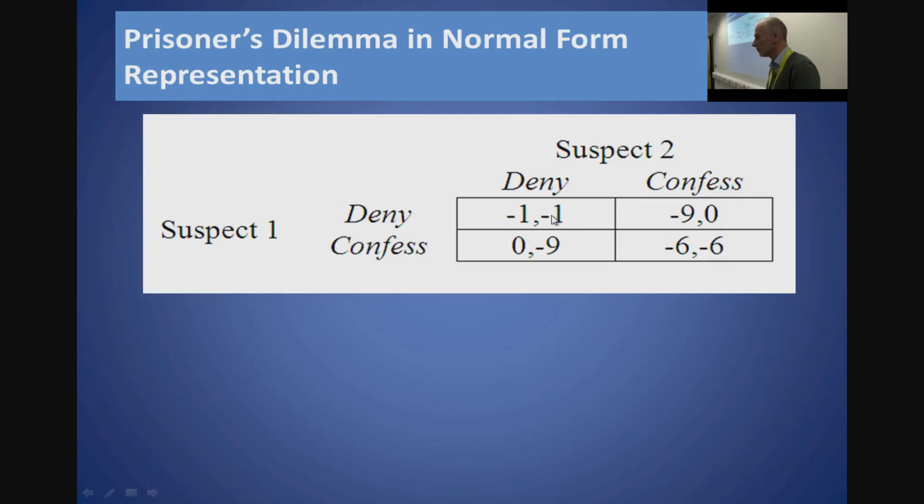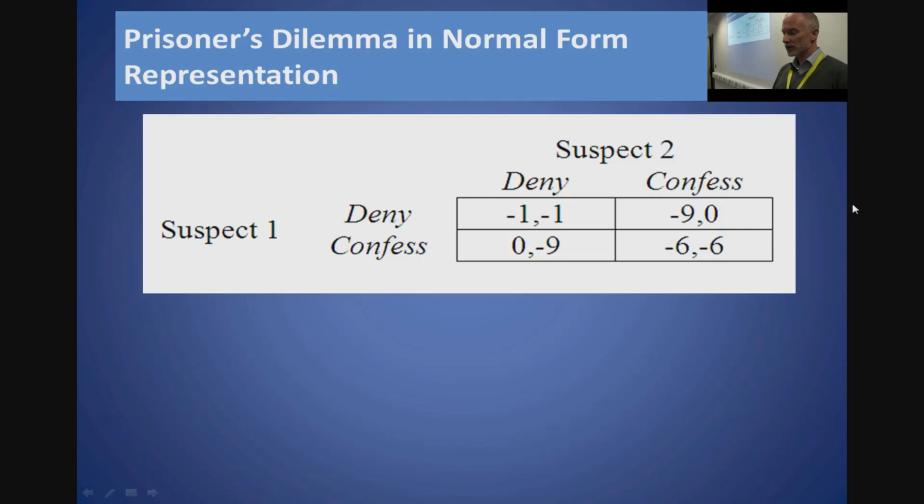So, for example, we said if both suspects denied involvement, what could the police do? Not an awful lot. They would convict them of some minor charge, and both of the suspects would get 1 month in prison. So that's the top left-hand cell.